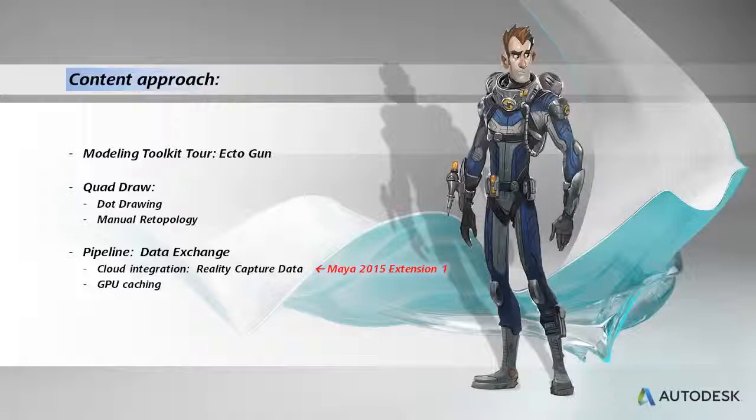And we'll look at manual retopology with the Quad Draw tool with this pipeline workflow or data exchange. This is where we can bring in reality capture data through the new cloud integration available within Maya 2015 Extension 1. And we can take advantage of things like Alembic caching, GPU caching, where I can take really large, dense data sets and offload that to my GPU so that I'm able to work with it really quickly within my Maya environment.